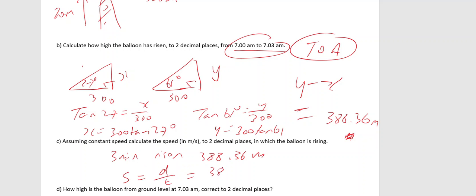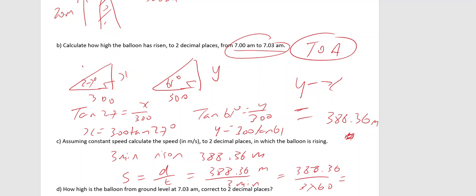The distance is 388.36 meters, and the time is 3 minutes. So if I were to convert that to meters per second, you have to go 388.36. Now there are 60 seconds in a minute, so you just go times 60.